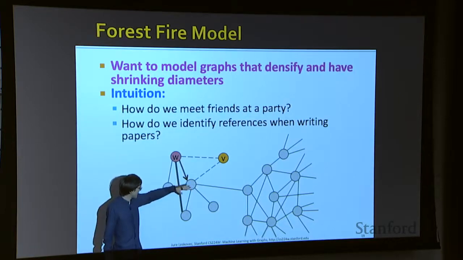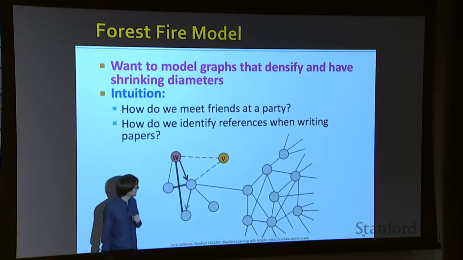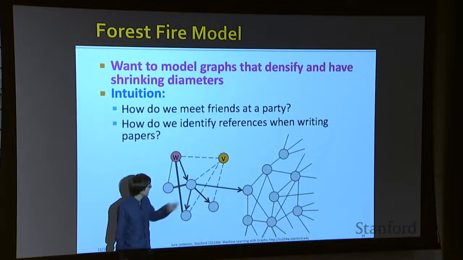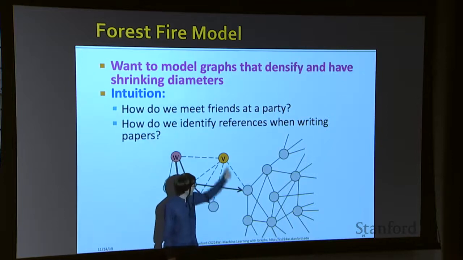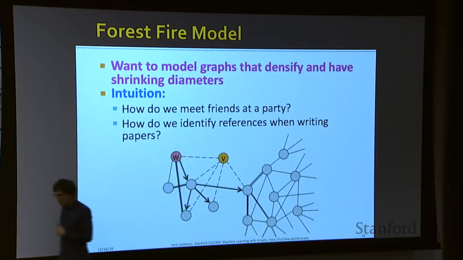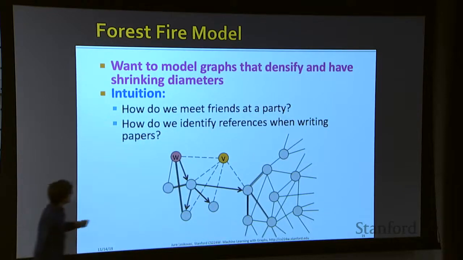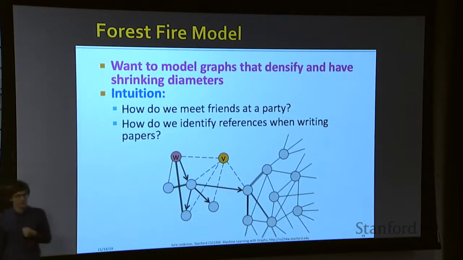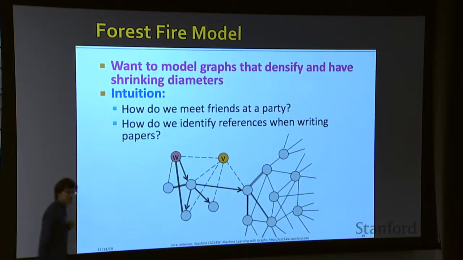Then maybe here we again decide whether to spread the fire over these edges. Maybe decide to spread it here, so we'll create an edge. Decide to spread it here, create another edge. Maybe we decide to spread it here as well, create another edge, and then keep deciding where to spread it or not until the fire dies. And this new node will link to everyone who the fire burned. Okay, that's essentially the idea.